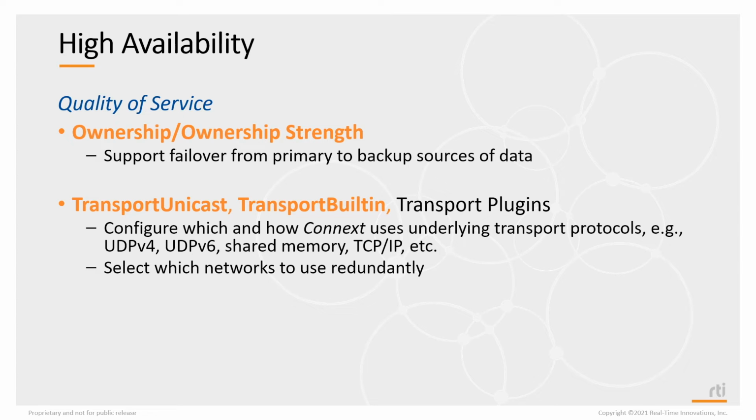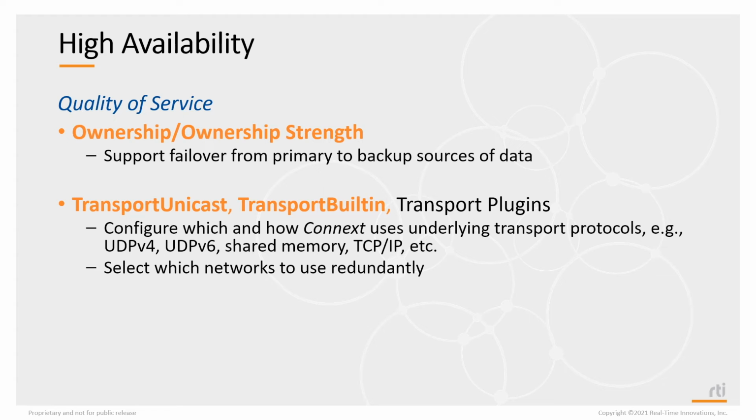Transport unicast, transport built-in, transport plugins. Together these are a feature of DDS that allows you to configure how DDS uses the underlying transports. And transports aren't limited to IP. Of course, you could have UDP/IP, TCP/IP, IPv4, IPv6, but you could also have shared memory.